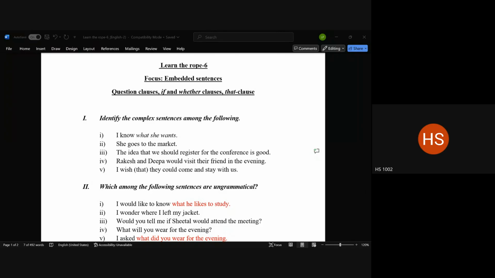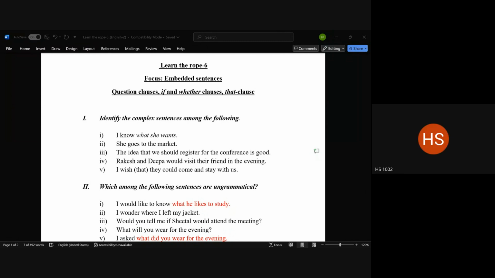If someone asks you what is the subject of the sentence, then you're only going to say the idea, not the idea that we should register for the conference. Because that we should register for the conference is an optional subordinate clause. I can remove it from the sentence and still have a grammatical sentence.